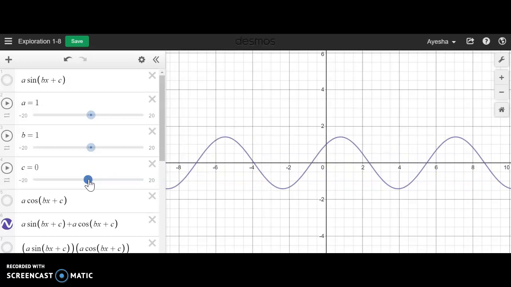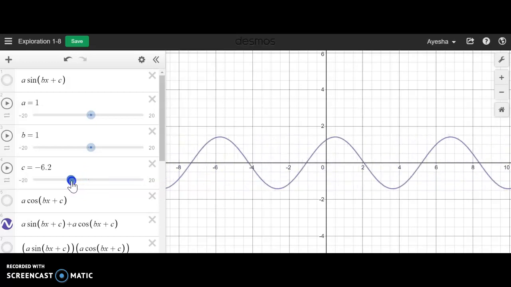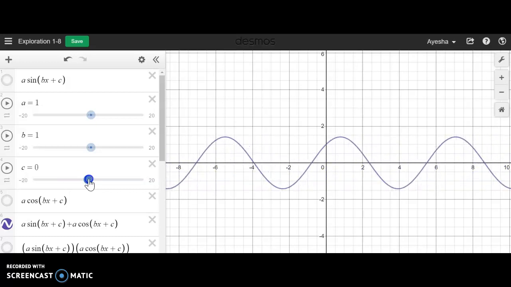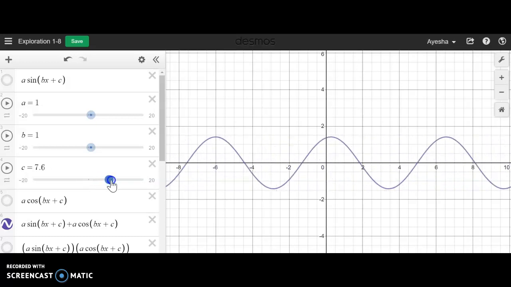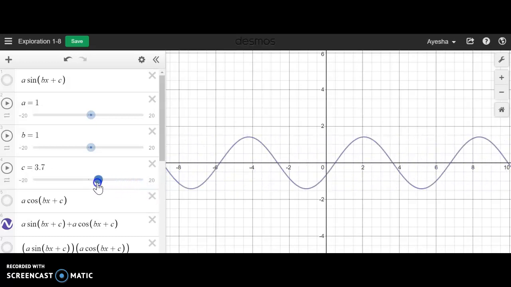I know that this graph is being shifted horizontally, I just don't know if there's a pattern in the shifting at all. When I switch it from 0 to negative numbers, it's shifting to the right, and when we go from 0 to positive numbers, the graph is being shifted to the left.